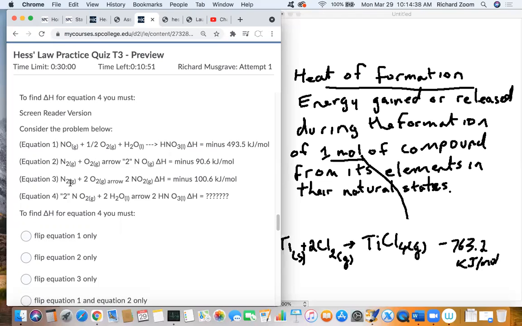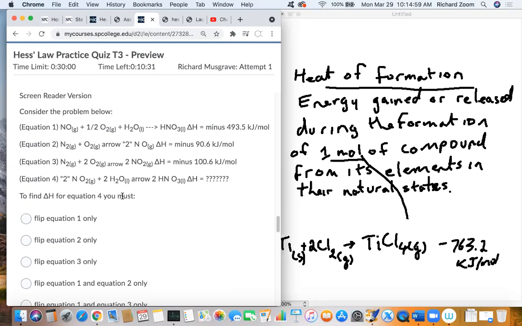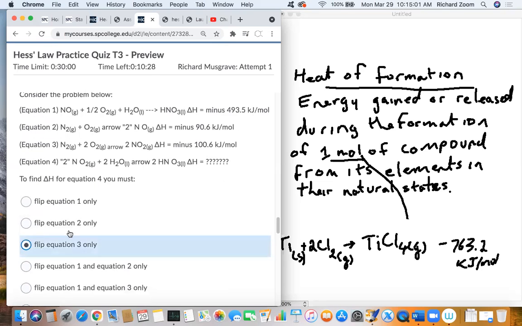So that way it's able to cancel out from one side, and cancel out the other from the other? That's right, Sarah. Did you notice how there's no N2 anywhere in the final equation we want? So that had to go. All right, so we flip equation 3 only. That would be the answer there.